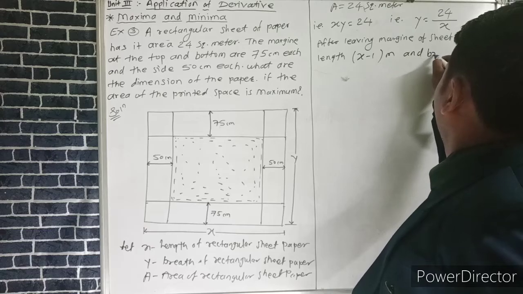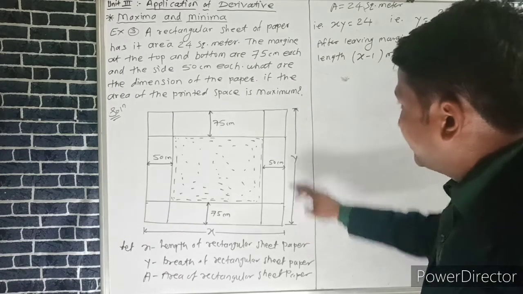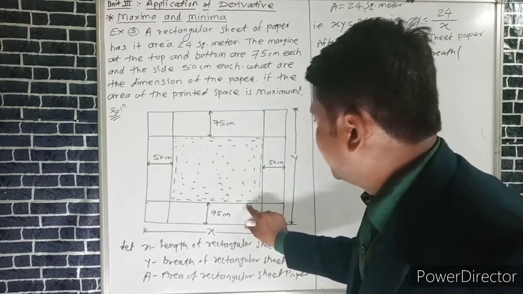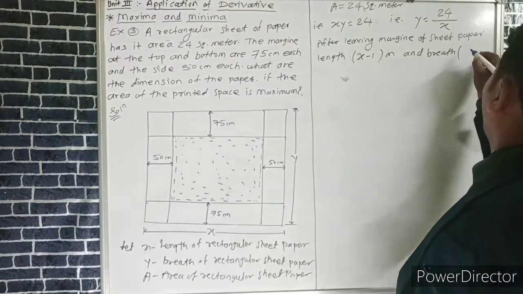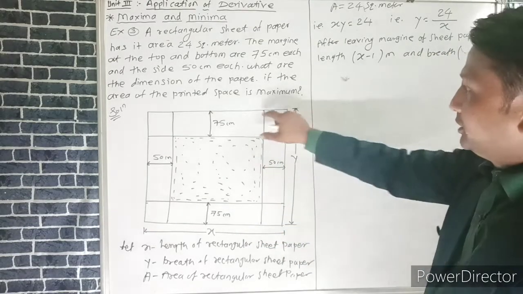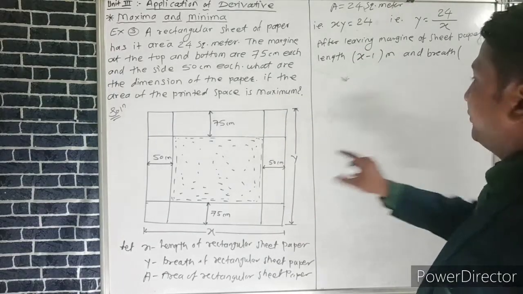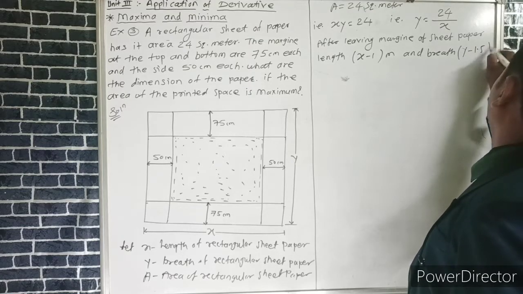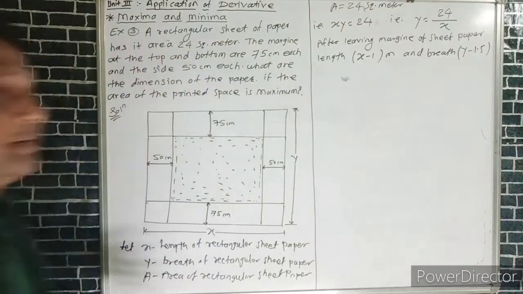The breadth y is reduced by 75 centimeter plus 75 centimeter, which means 150 centimeter, that is 1.5 meter. So y minus 1.5 is the breadth of the printed space.